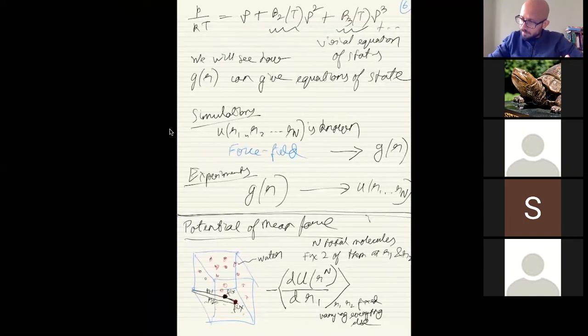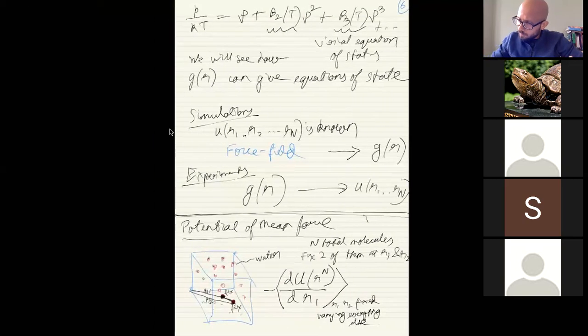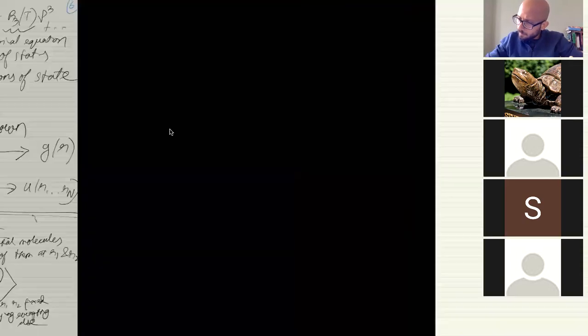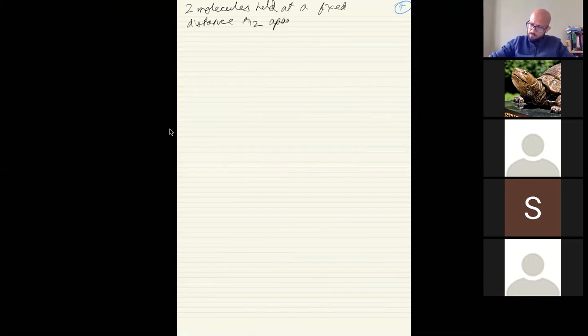So let's write it down in words. Hopefully that will make it a bit clearer. So two molecules held at a fixed distance r12 apart, and we are talking about isotropic systems.